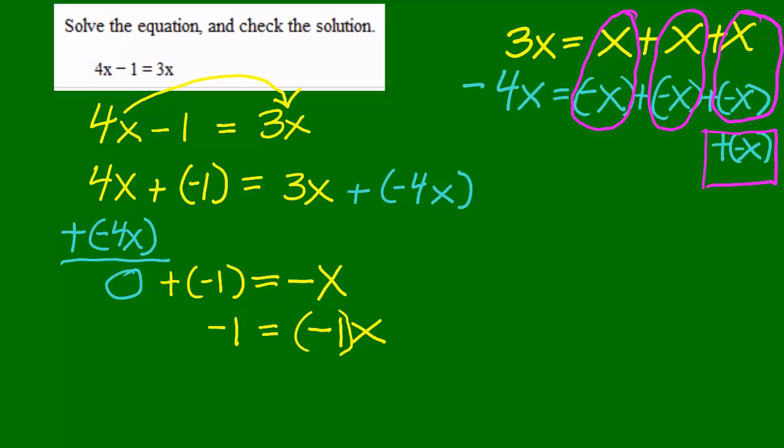That is, I divide both sides here by negative 1, because negative 1 divided by itself is positive 1.